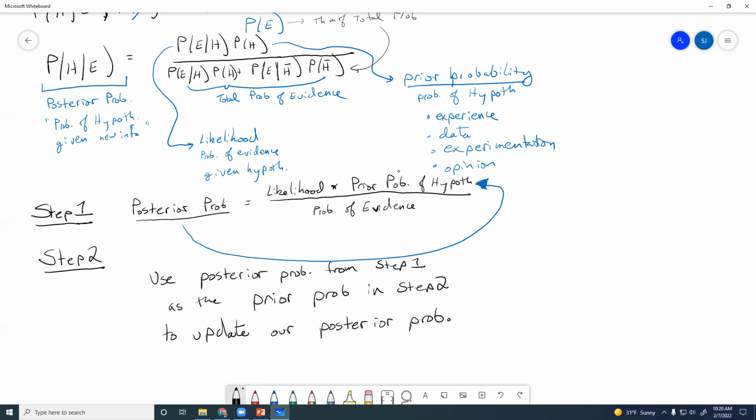Does that improve my knowledge of having COVID or not? And it can. And so this is a method for doing that. This is called Bayesian updating.